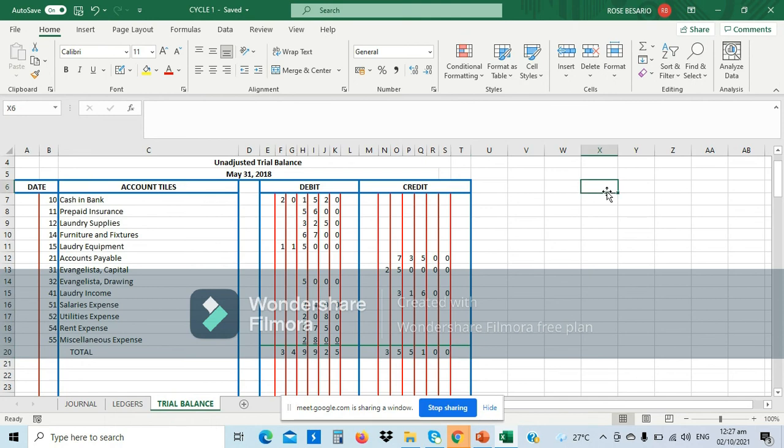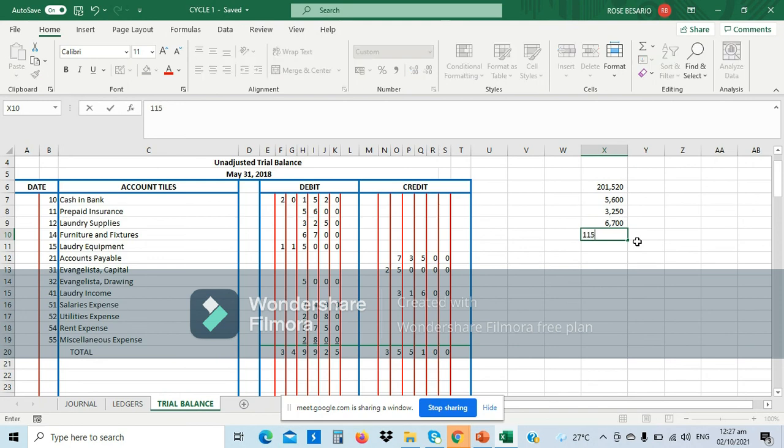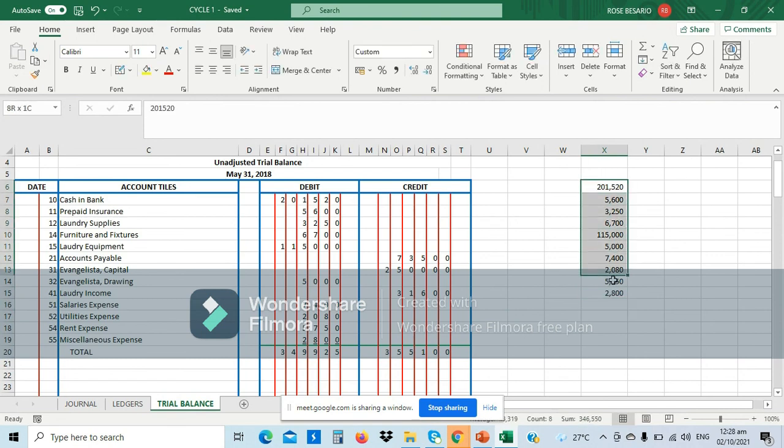I'll just encode it here: 201,520, then 5,600, then 3,250, then 6,700, then 115,000, then 5,000, 7,400, 2,080, 5,750, then 2,800. I hope I can get the right amount: 355,100.